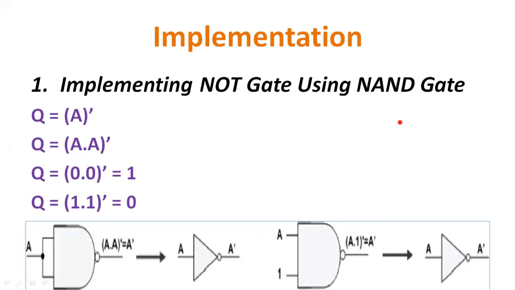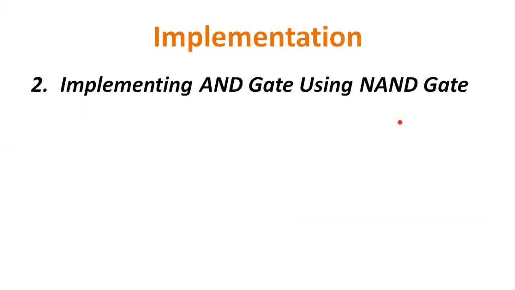Now the next gate is the AND gate using NAND gate. As we know how to implement the NOT gate, there is no difficulty in implementing the AND gate using NAND gate. Just use a NAND gate, and at the output of the NAND gate attach one NOT gate, that is an inverter.